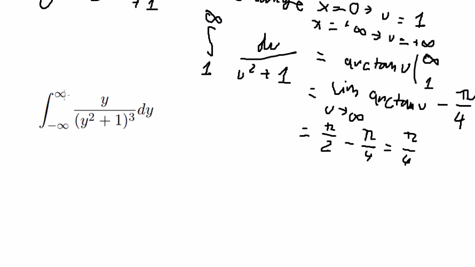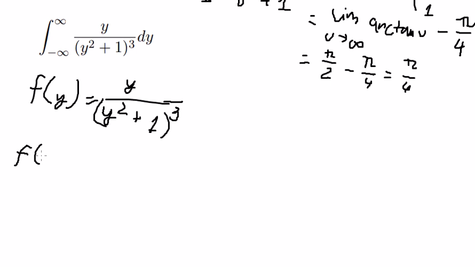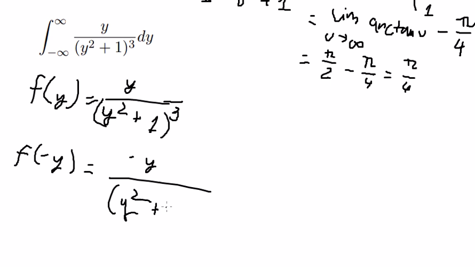Now let's go to the next one. If we put about f of y equal to y over y squared plus 1 to the power of 3. If we put about f of negative y in here, we got about negative y in here, but we got about y squared in here, so you keep about y squared plus 1 to the power of 3.